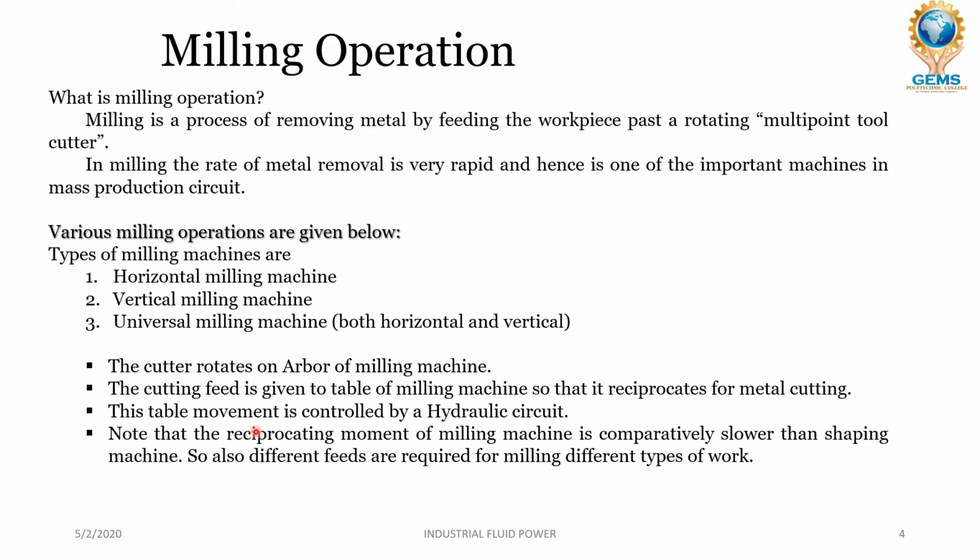This table movement is controlled by a hydraulic circuit. Note that the reciprocating movement of a milling machine is comparatively slower than a shaping machine. Also, different feeds are required for milling different types of work.